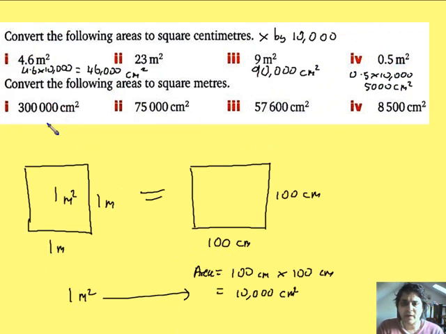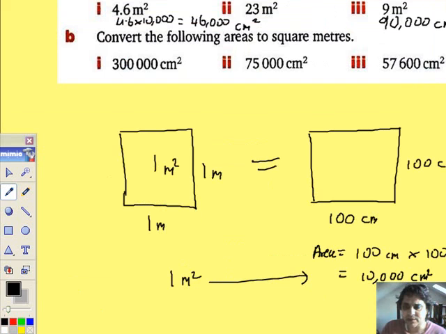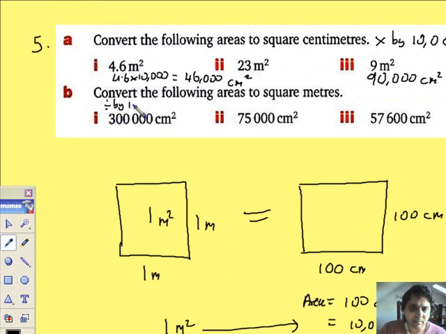Now we can go the other way. If going from metres squared to centimetres squared you multiply by 10,000, you can go the other way and divide by 10,000. So let's put here divide by 10,000. Let's do B1 over here. I've got that divided by 10,000. 1, 2, 3, 4, 1, 2, 3, 4.